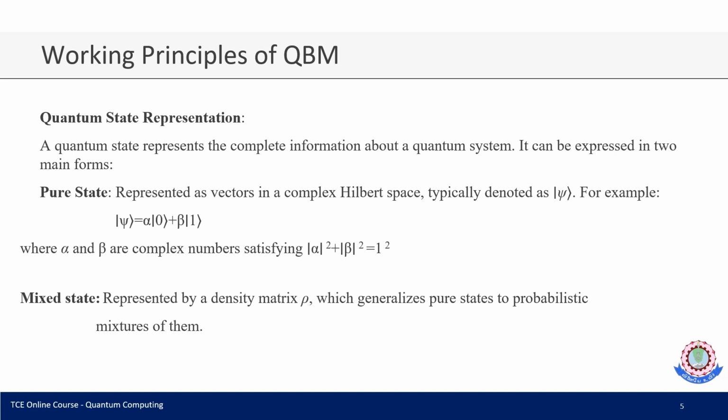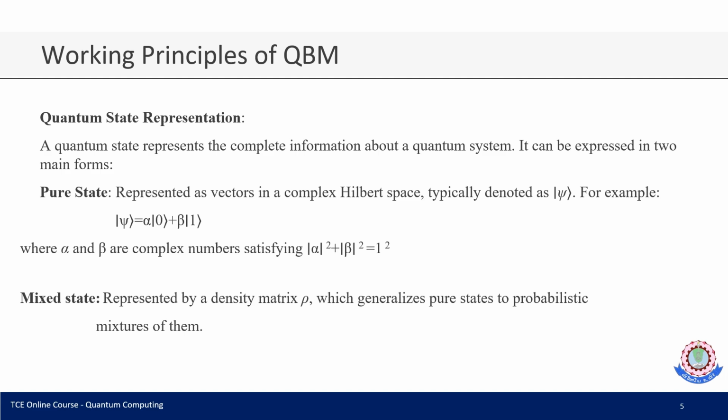Working principle of QBM, quantum state representation. A quantum state represents the complete information about a quantum system. It can be expressed in two main forms, pure state and mixed state. A pure state is represented as a vector in complex Hilbert space, typically denoted as ket psi.